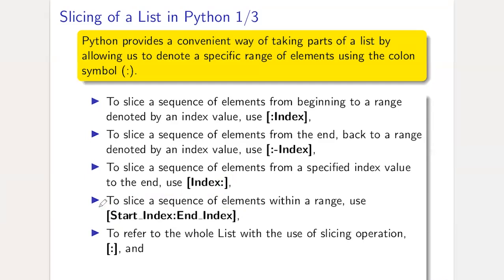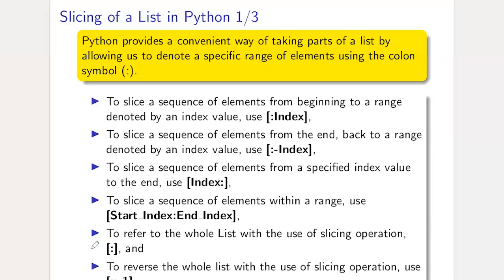And we can refer to the full list using this slicing operation. In that case, this is the notation. Now this should be quite obvious to you, because the starting index we are not specifying, which means it is implicitly 0. The ending index we are not specifying, so it is implicitly n-1. So essentially what we are saying here is this is the full list.